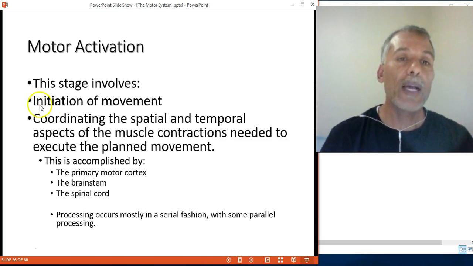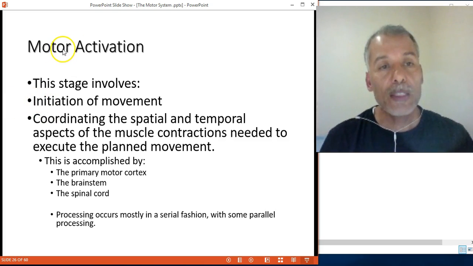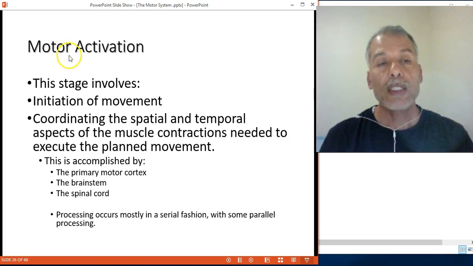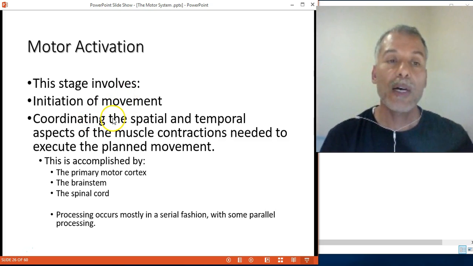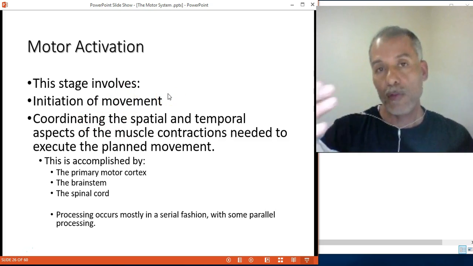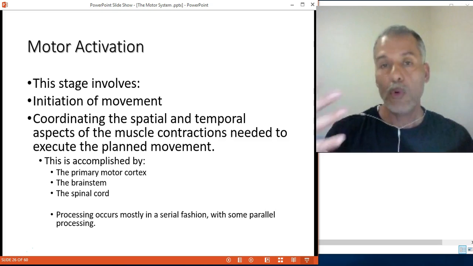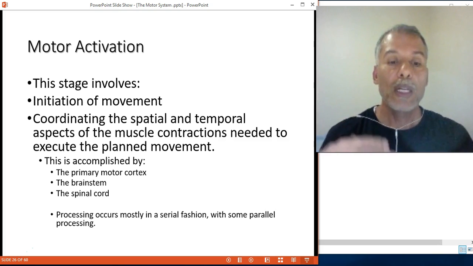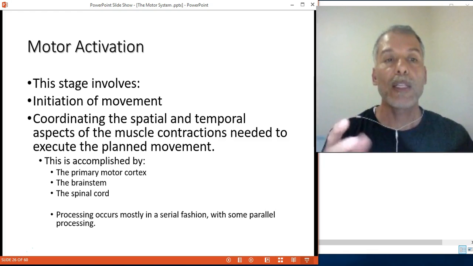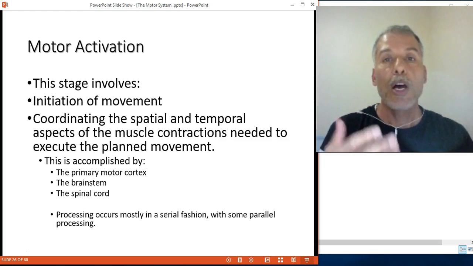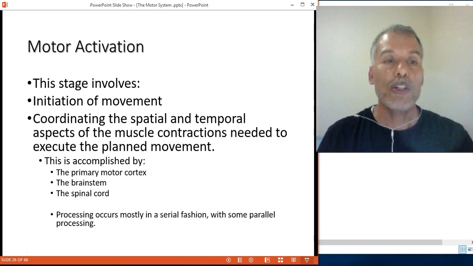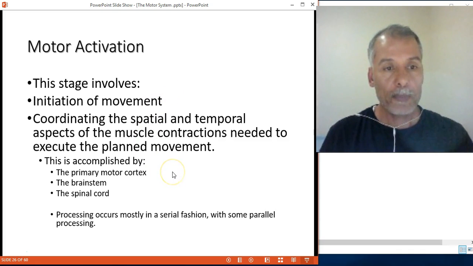So again, I want to emphasize that the motor activation phase goes hand in hand with the coordination phase. The coordination phase happens at the same time, so it can serve as a mirror that you look at while you are performing the movements, so this way you can correct immediately and prevent future repetition of the errors that you make.